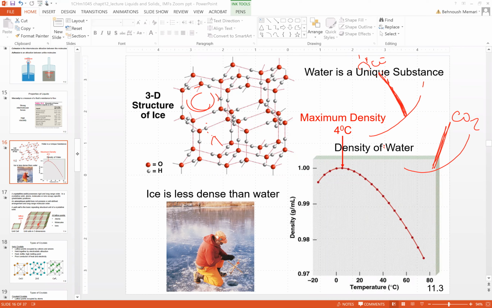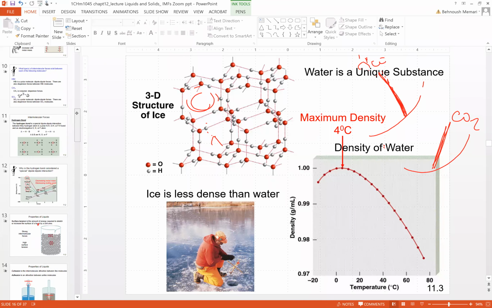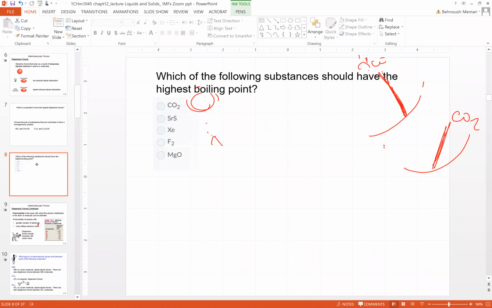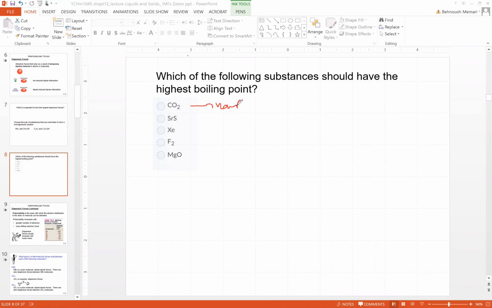Okay, now I have a couple more examples for you. Which of the following substances should have the highest boiling point? Going back to intermolecular forces, because the phase diagram was the last slide for this unit, we have to look at the different compounds. This is non-polar, and then you have magnesium oxide, ionic.